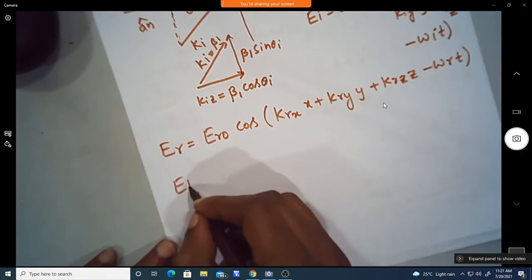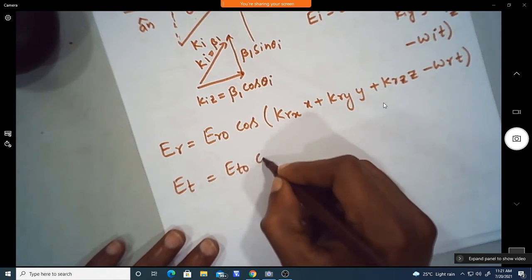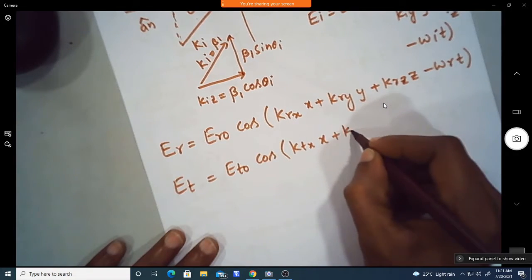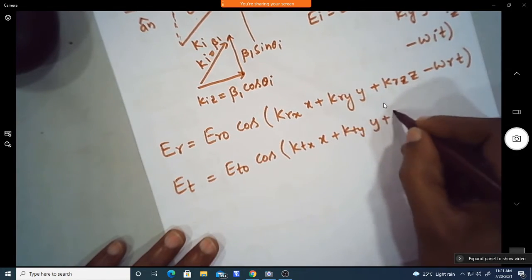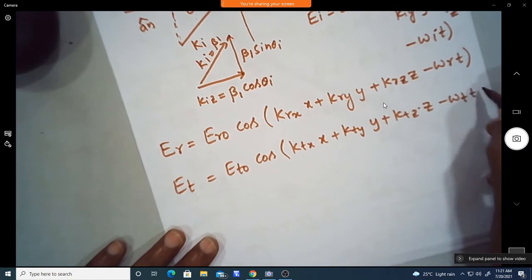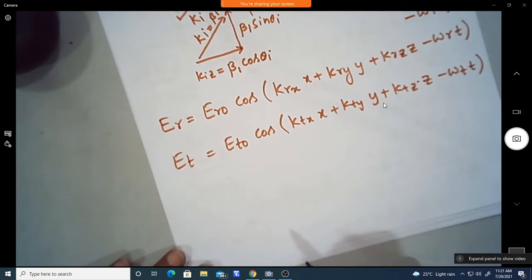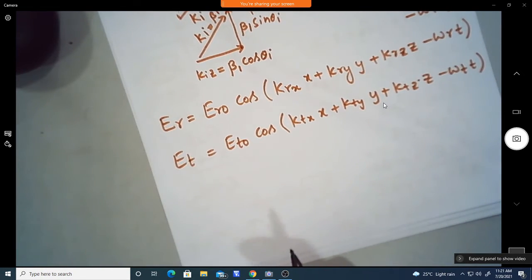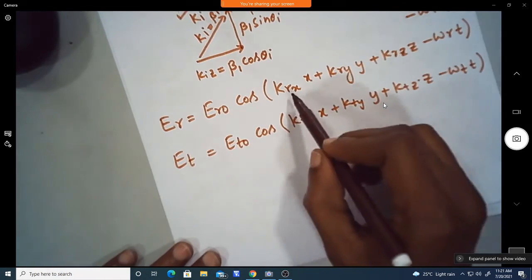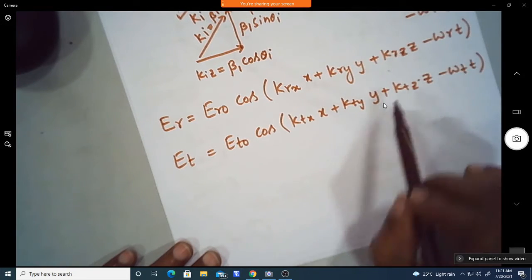We can also express the transmitted wave, given by Et0 cos of ktx x plus kty y plus ktz z minus omega t t. This is the transmitted electric field intensity, where krx, kry, krz are with respect to the reflected wave, kix and so on with respect to the incident, and ktx and so on with respect to kt.